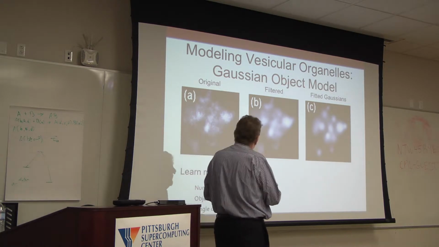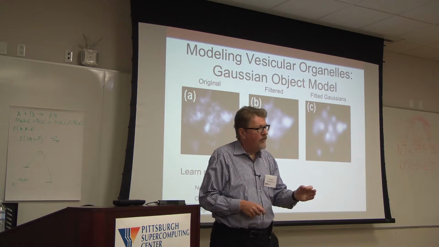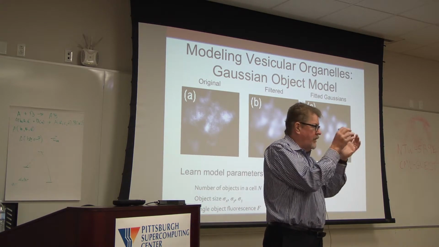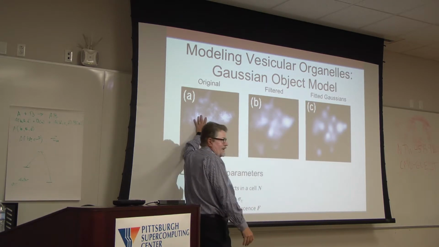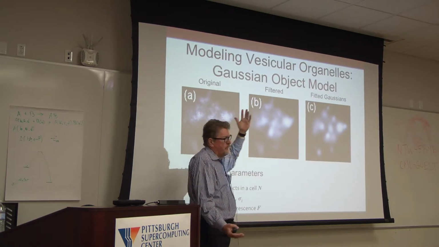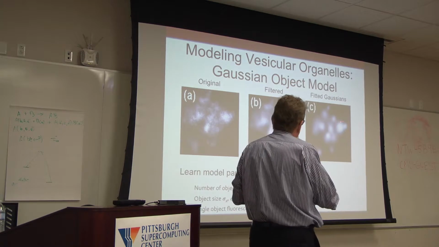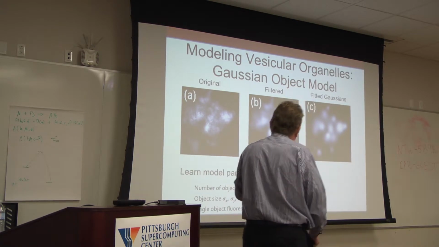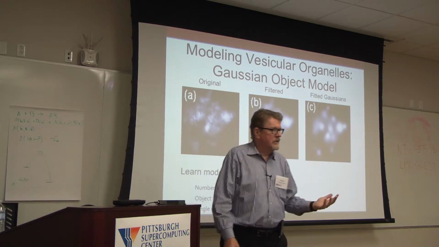And therefore I ask, what distribution of small roundish things was the most likely to have generated this image? That's the Gaussian mixture model, for example. Okay? So I then just find a set of Gaussians that will generate this with the maximum likelihood.